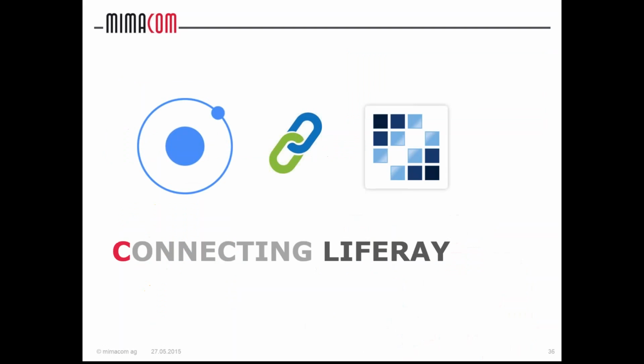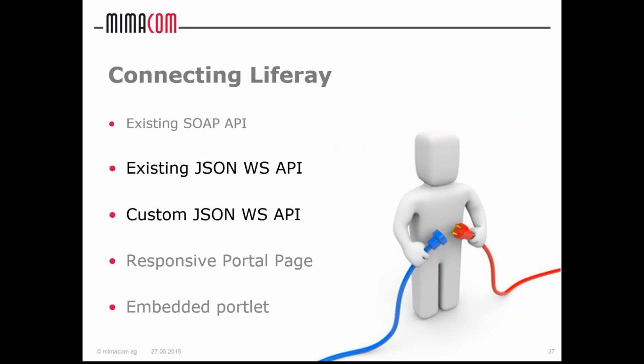So now, about the connection with Liferay. Basically, when connecting a web application or some third-party application to Liferay, we should think about the existing API. I think rather than the existing SOAP API, we should think about the JSON Web Services API, which exists, or we can prepare our own new JSON Web Services.